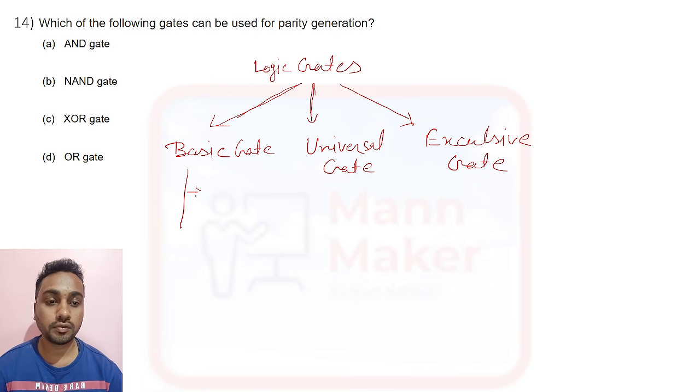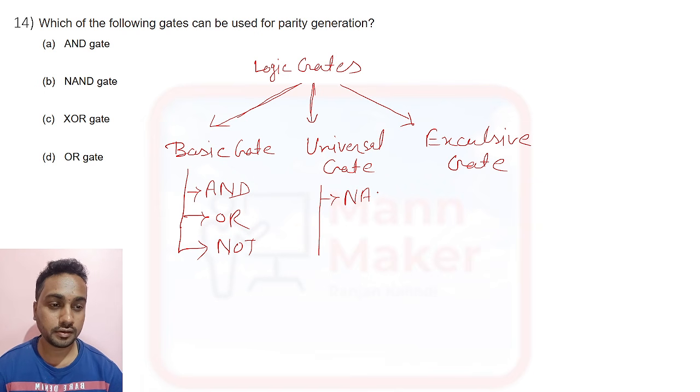In basic gates we study the AND gate, OR gate, and NOT gate. 3 types of basic gates are there: AND, OR, and NOT. And universal gates are NAND and NOR. Okay, 2 gates are there: NAND and NOR.